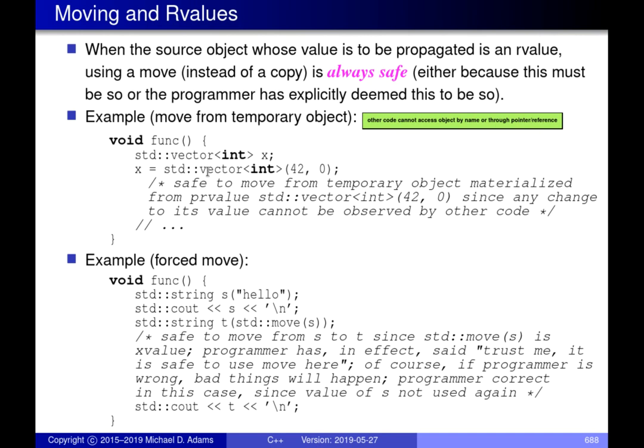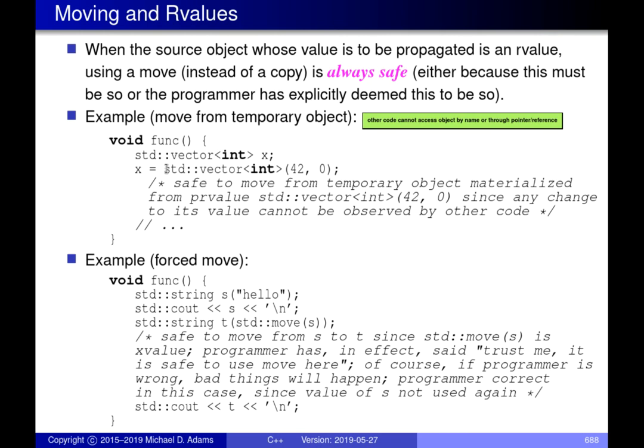In other words, can I move from this temporary object into x? The rules of the language say the compiler looks at this right-hand side expression of the equal sign and asks, is this an L value or an R value? It says this is a pure R value expression. It's an expression that can be used to initialize an object. It's not an object itself, right? std::vector, and so on.